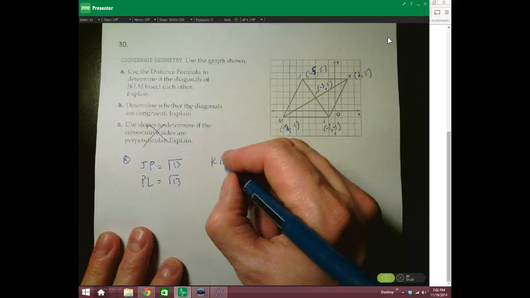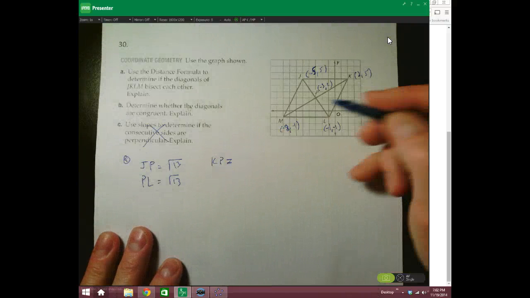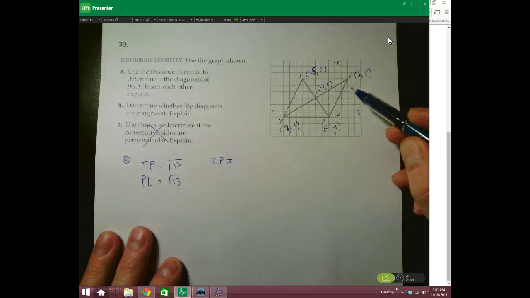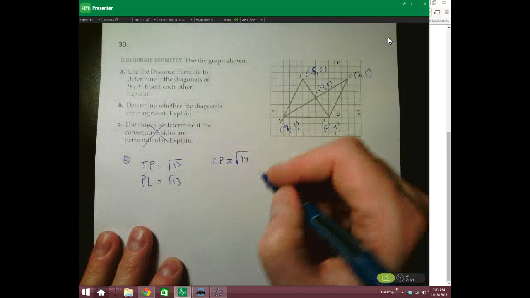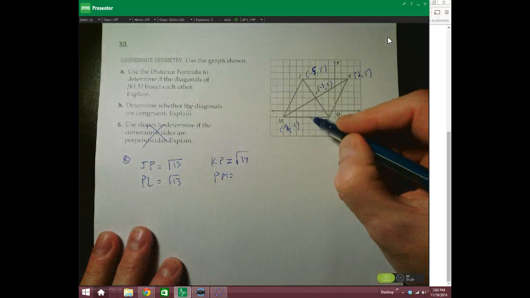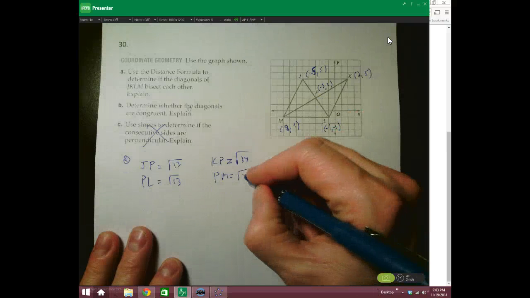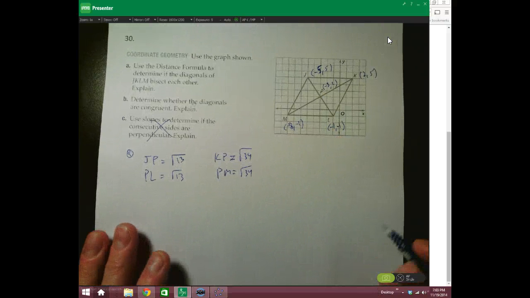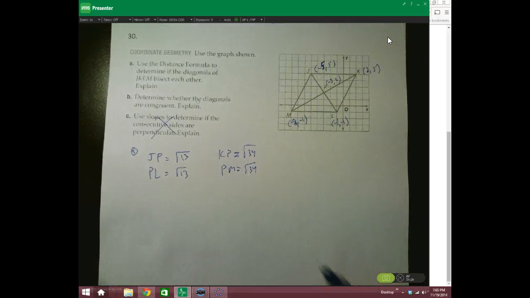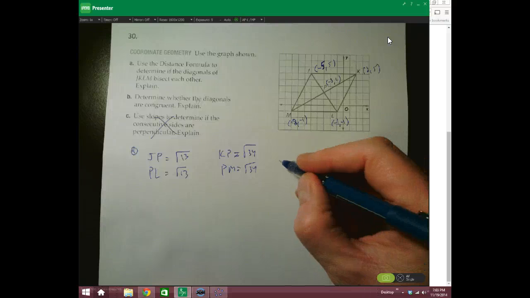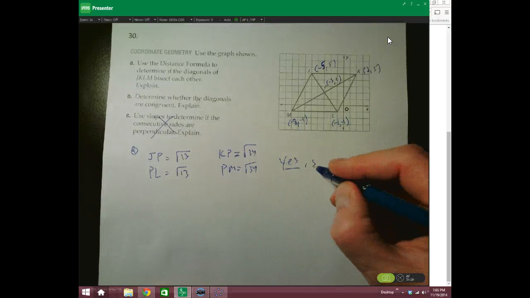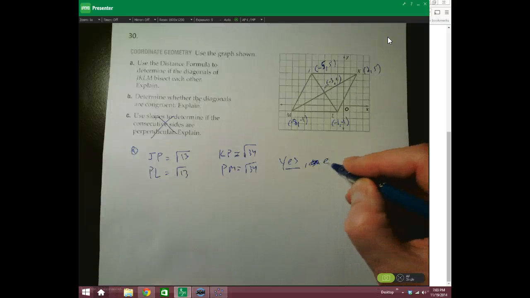Well, let's see. KP has a length of root 34, and PM has a distance of root 34. Neither of those simplify, which you wouldn't have to worry about anyway, because we just care about making them equal, which they are. So yes, they do bisect each other. Each part is congruent.